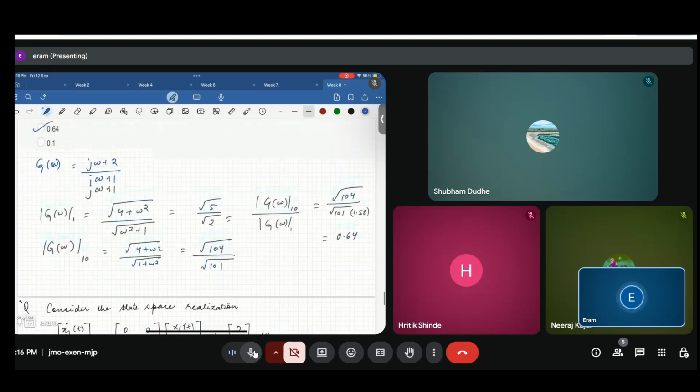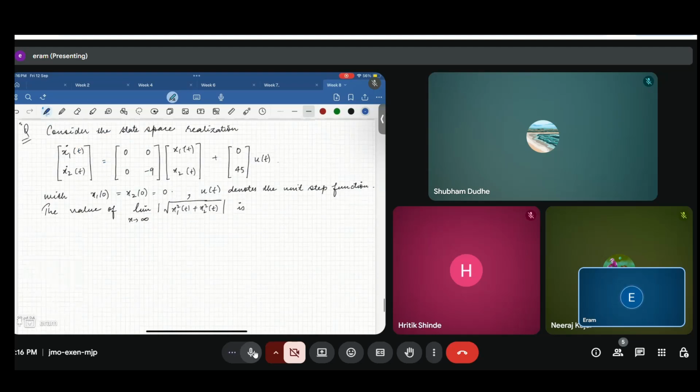Okay, let's move to some other problems. In this problem you have a state space realization where the state space model is given to you, the initial condition is 0 obviously, and u(t) is the step input. You have to find the value of this expression: limit t tends to infinity.